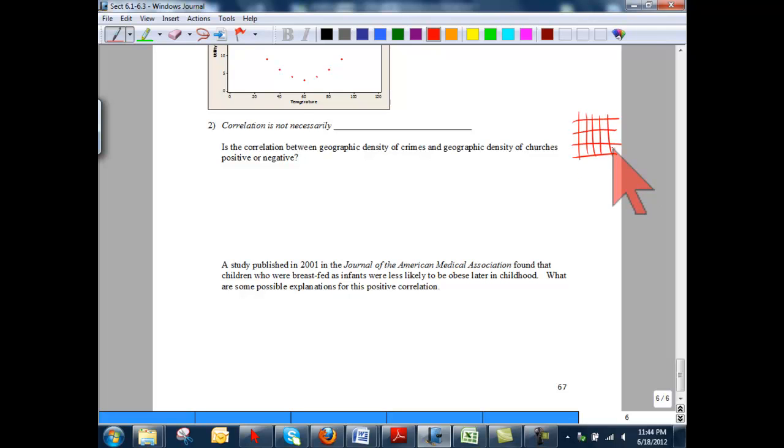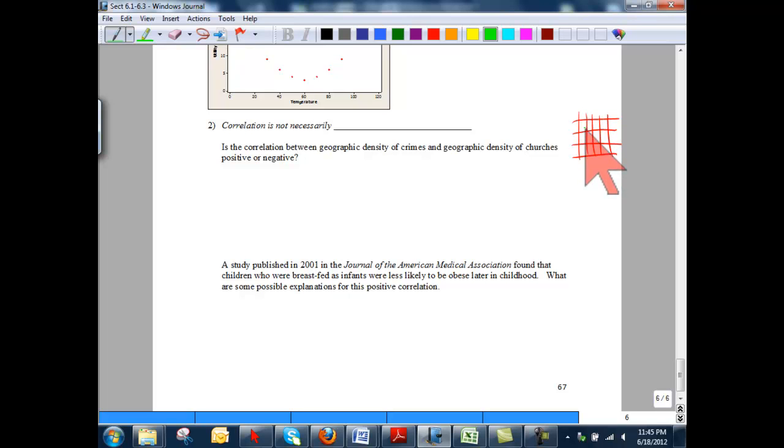And then suppose I go through each of these individual areas, maybe these are square mile sections, and I start looking in police records and finding out where crimes were committed, how many crimes were committed per square mile. And I also drive around and look at the churches and count churches per square mile.